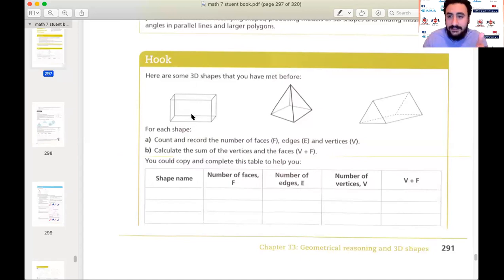So this is a prism. What kind of prism? Rectangular prism, because the upper face and the face in the bottom are rectangles. So we're going to say that this is a rectangular prism. That's it. So this one is cuboid or rectangular prism. Did you get it? It's cuboid or rectangular prism. Yes, both of them are right.